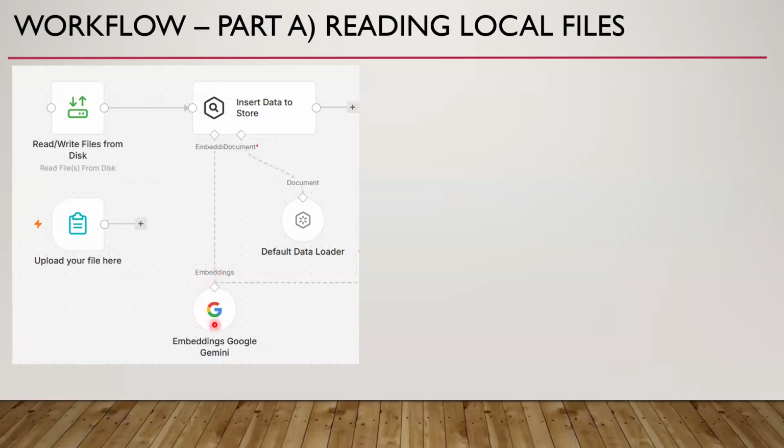I'm using the Gemini embeddings here. So this is the part where we read the local files, convert them into vector embeddings, and for that we need the Google Gemini embedding service.